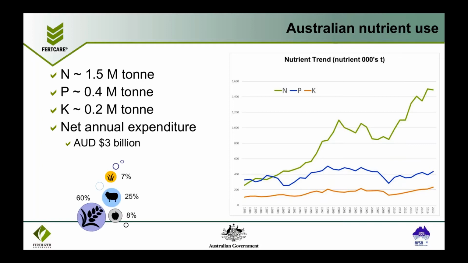And probably about 60% of that expenditure is in grains, about 25% in grazing, around about 8% in fruit and vegetables, and about 7% in sugarcane.